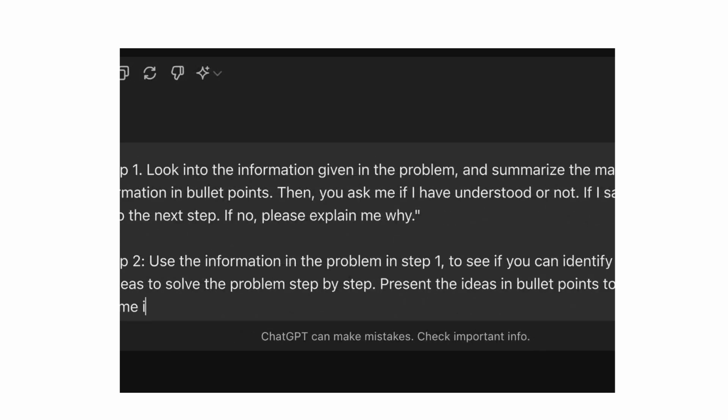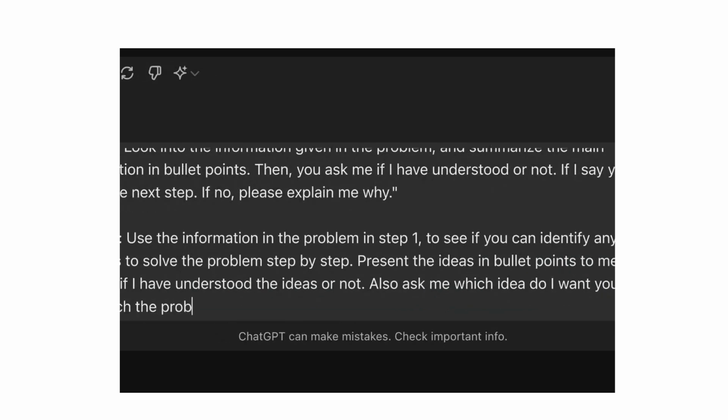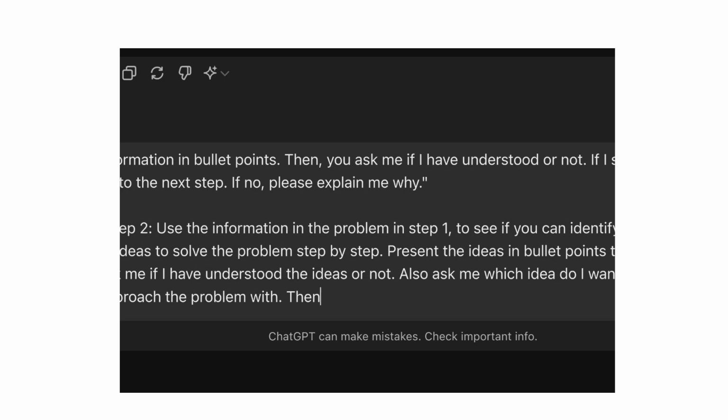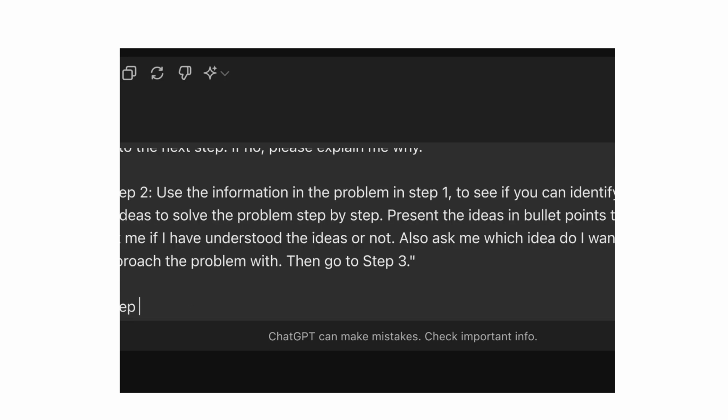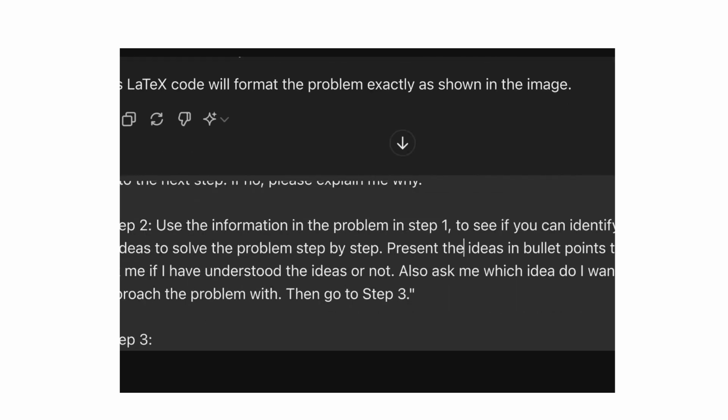Then ask me if I have understood the ideas or not. Also ask me which idea I want you to approach the problem with. So this first step will give you how to make the problem information concise: what are the important concepts and ideas in the problem. If you want, you can also add another step to tell you what fundamentals are needed.